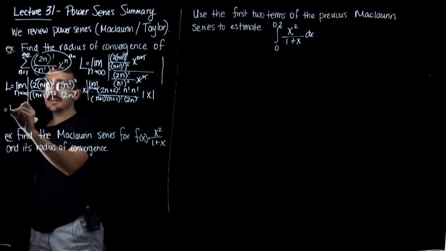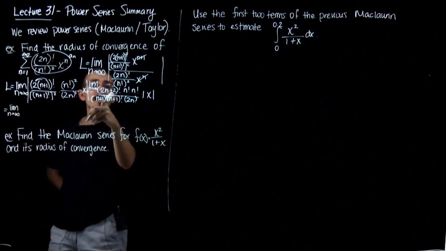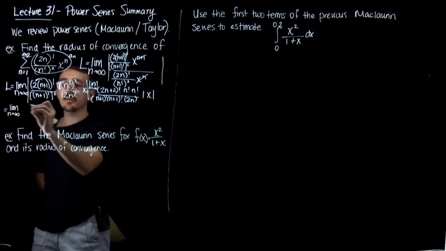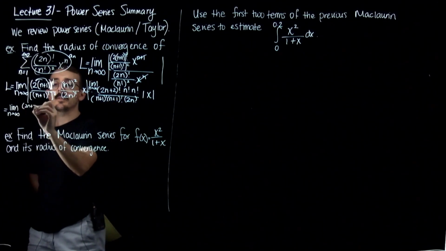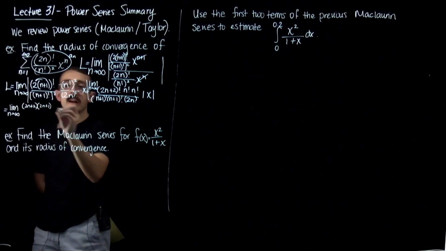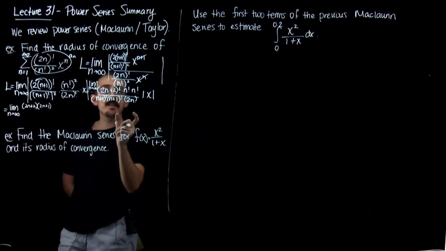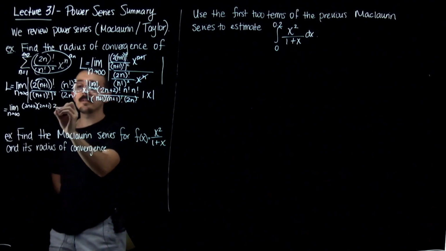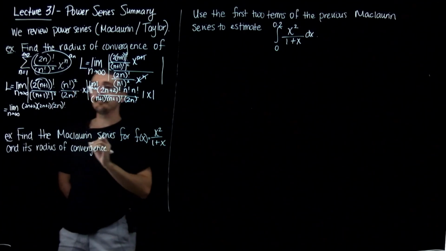Now we're going to keep going, so we get the limit as n goes to infinity. I'm going to start breaking things up even more. So (2n plus 2) factorial, that's 2n plus 2, and then drop down to the next one, so 2n plus 1. And then what I have left is 2n factorial, so the rest of them.